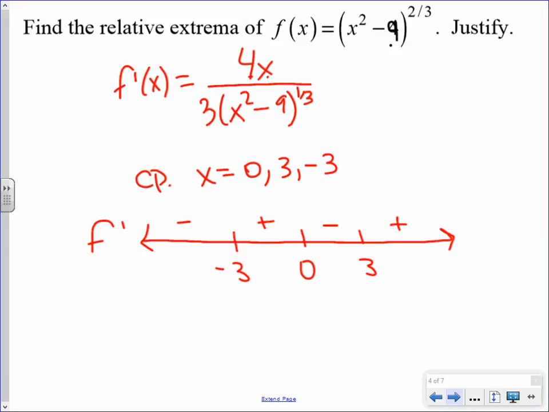The derivative goes from negative to positive. Isaac, what does that mean? Relative what? Minimum. So I'm just going to label minimum. We'll come back to that. From here, the derivative changes from positive to negative. Austin, what do we have? The relative max. Here we change from negative to positive. Madison, what do we have?